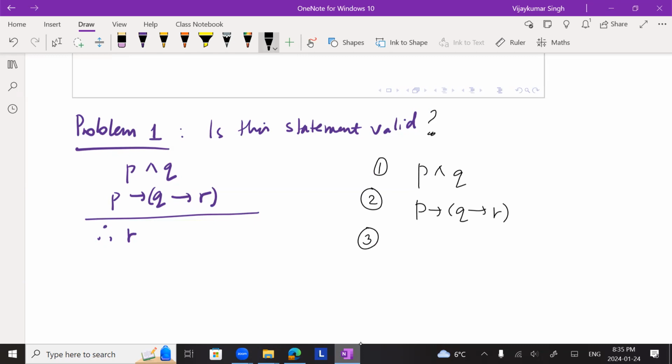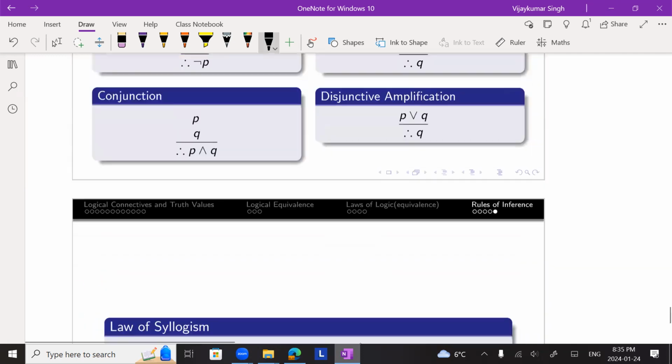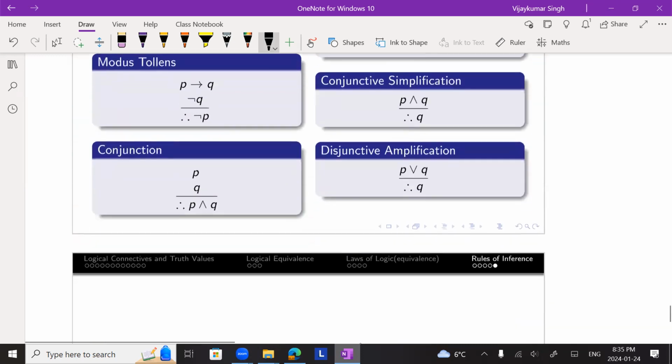Do you see the way to approach this problem will be somehow to isolate R, right? How do we get to R? Notice the following. P and Q, therefore P, we agree. What is that law called? It's called conjunction.